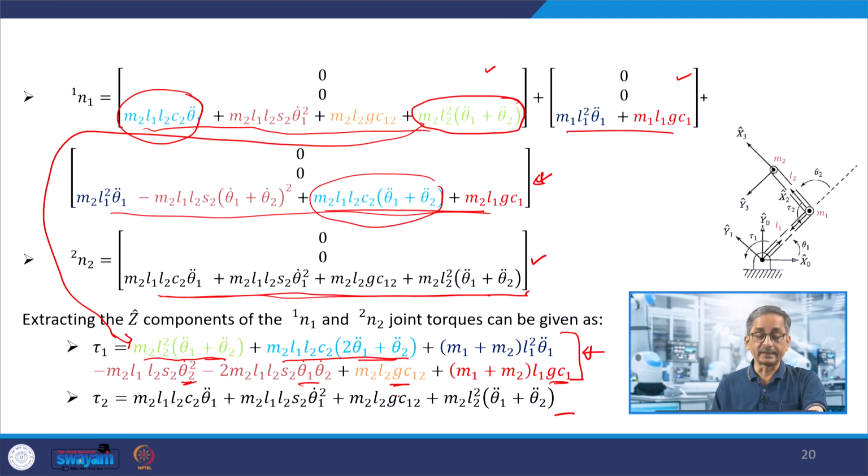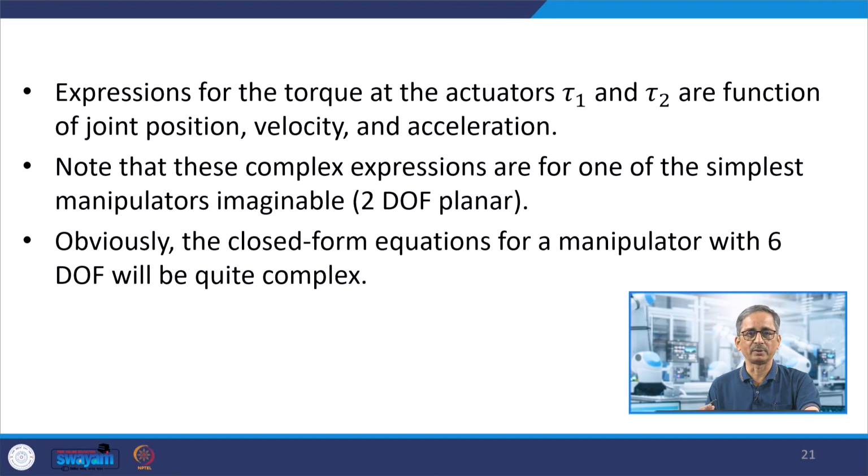So, that is why at the beginning of this lecture I asked you to try to do it by your own hand, then you will have a feel about how these individual terms are contributing to the joint torque. And as I have told you at the beginning, these joint torques are basically helping us in selecting the motors for a manipulator, okay. So, we will have much more discussion about this one.